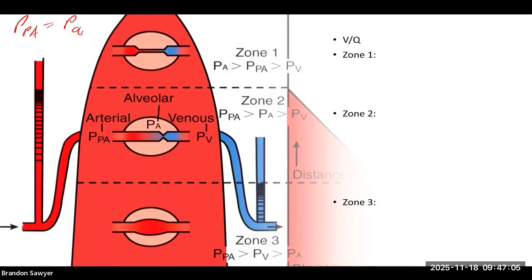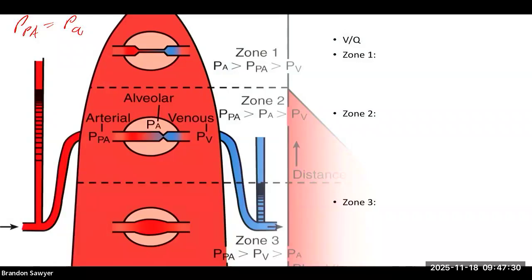So this PA one is the same as the P little a one on the previous slide. So the arterial one is represented by PPA on this slide, whereas the previous one was just P little a. Okay.